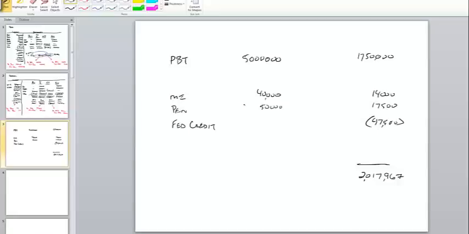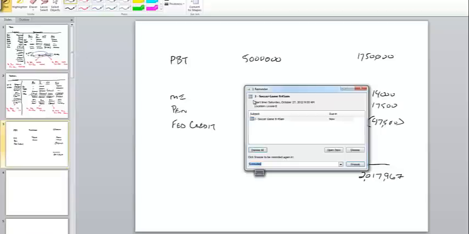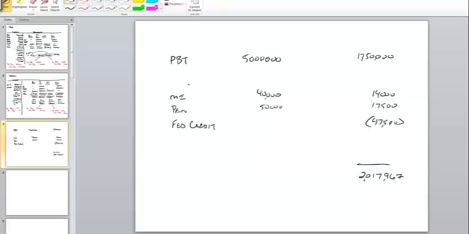And the last piece of our calculation ought to be our state taxes. So let me just get out the page for our state taxes.